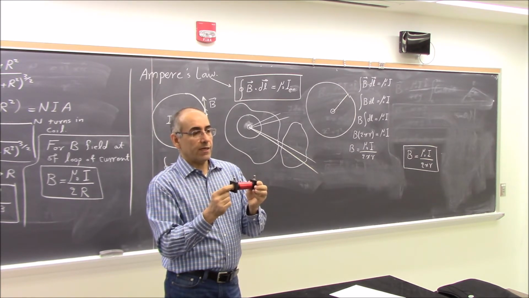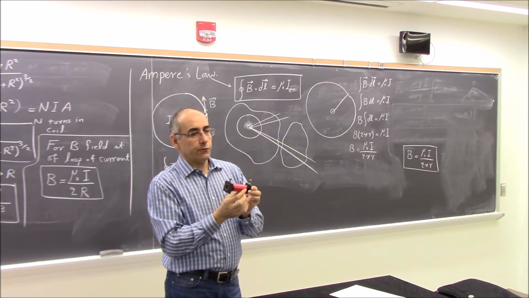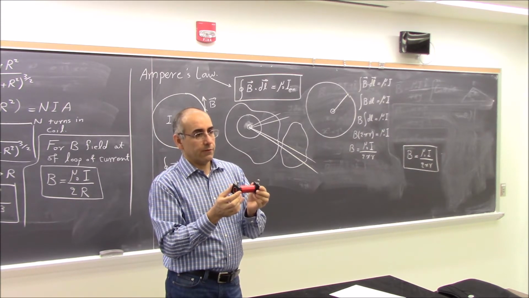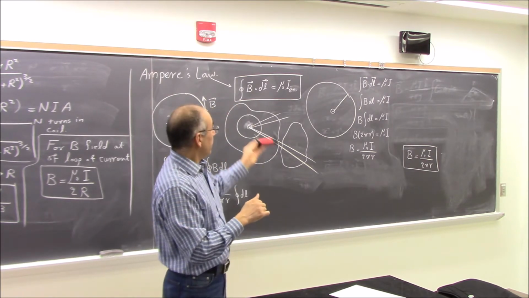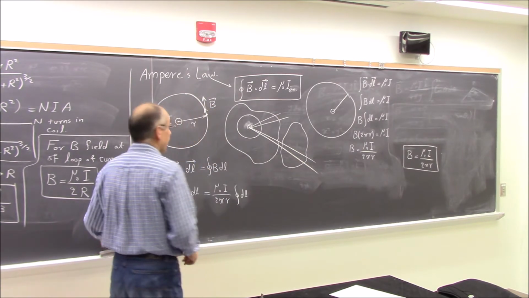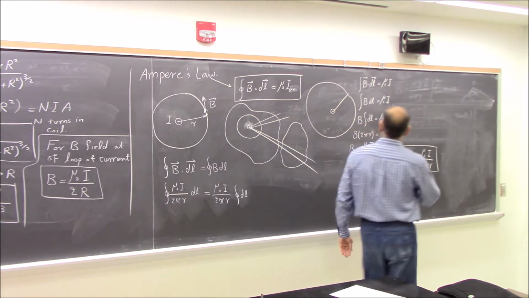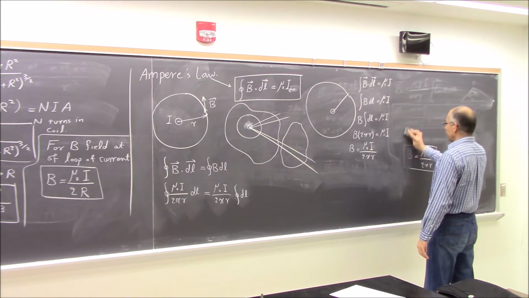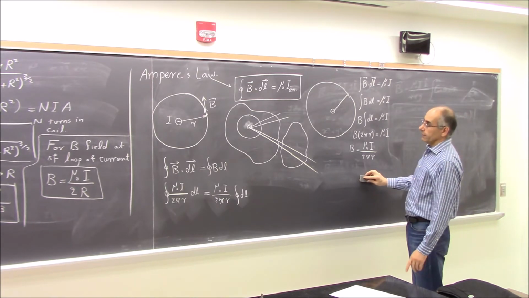And we want to find that value. It is hard to do using Biot-Savart's law, although it is possible. But Ampere's law gives us an analytical tool to calculate that. So let's see how we can use Ampere's law to calculate the magnetic field of a solenoid.